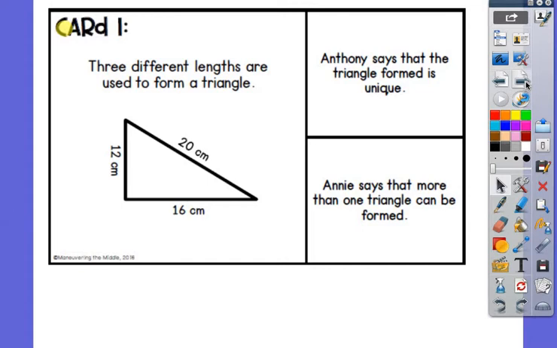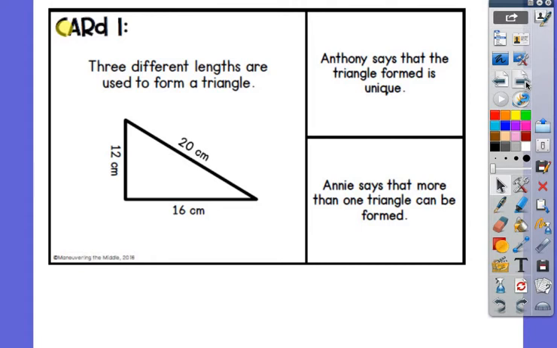So I'm looking at card 1. You're on box 1 on your paper. It says 3 different lengths are used to form a triangle. They gave me an example. Anthony says that the triangle formed is going to be one unique triangle.